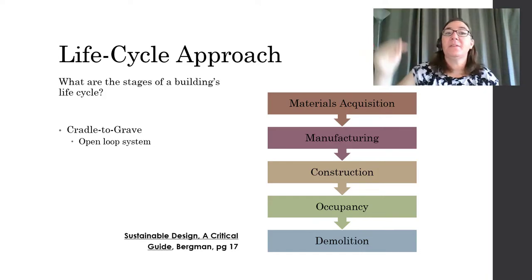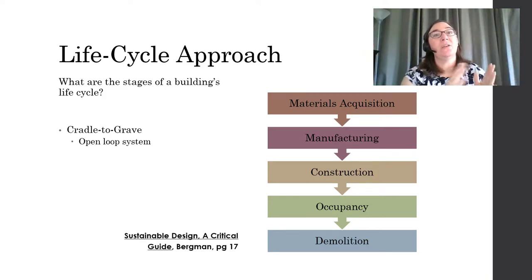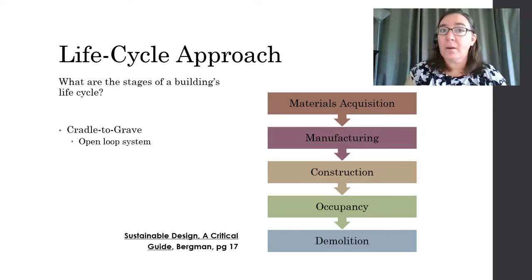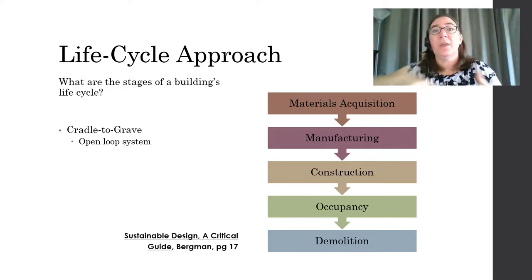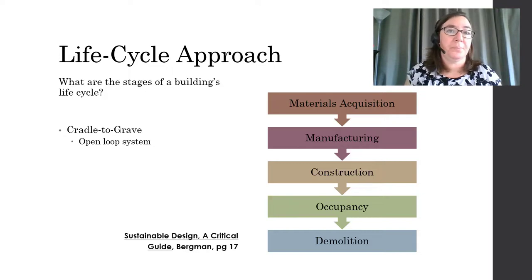These steps of a building's life cycle are called the cradle to grave approach. And this particular one's an open loop system, because you can see that in the beginning, materials are acquired, and in the end they're demolished. This is not a continuous loop; it's an open loop.